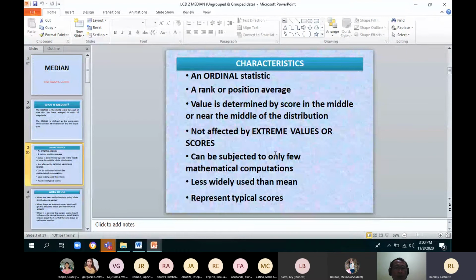So, do not use the mean. Try to use the median. Okay? It can be subjected to only a few mathematical computations, is less widely used than the mean, and represents a typical score.